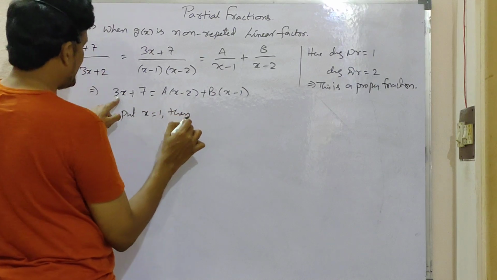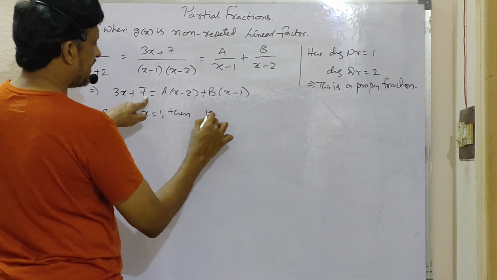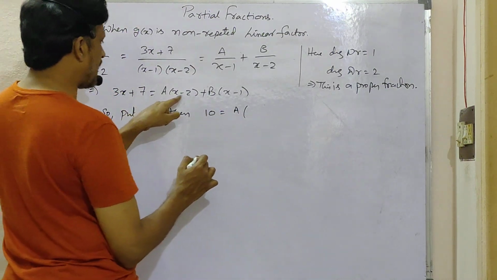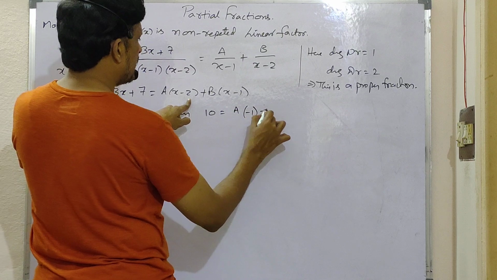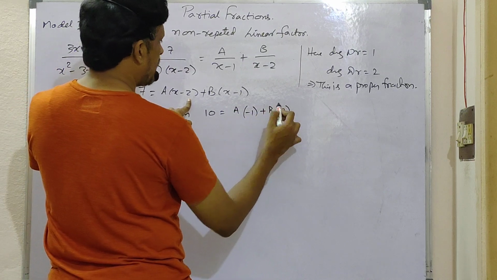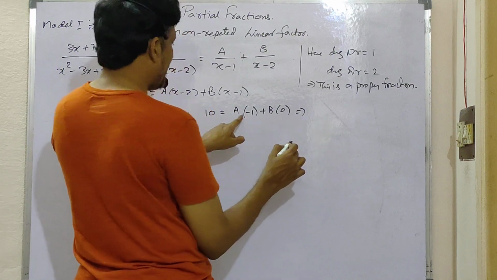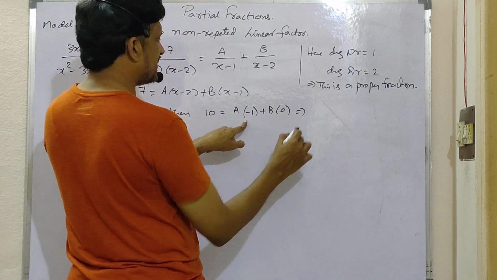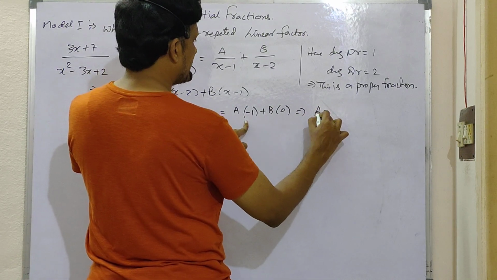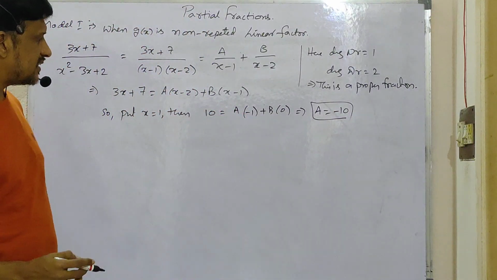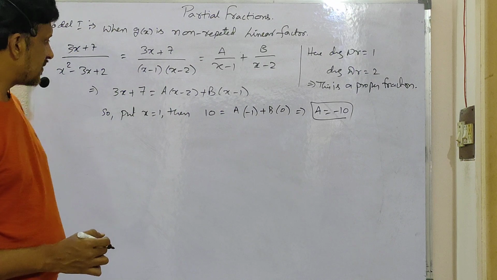Then 3 into 1, 3 plus 7, 10 is equal to A into (1-2), that is minus 1, plus B into (1-1), which is 0. So 10 is equal to minus A, which gives A equal to minus 10. The value of A is minus 10.